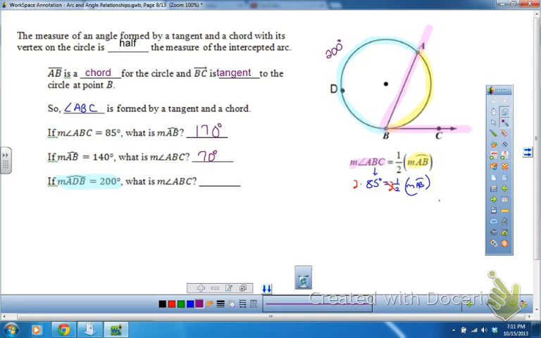So if this is 200 degrees, then the measure of this minor arc is going to be 360, which is the entire circle, minus the 200, and that gives you 160 degrees for the measure of this intercepted arc. So if this intercepted arc is 160, remember your inscribed angle has to be half of that, so now we get 80 for our inscribed angle there.